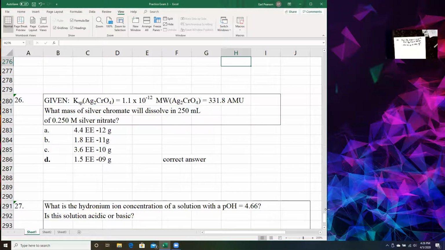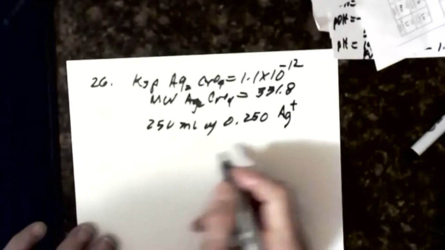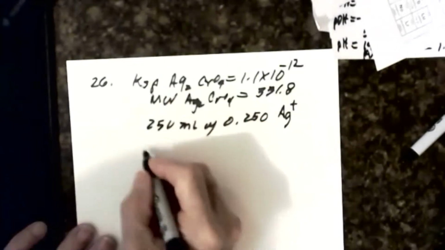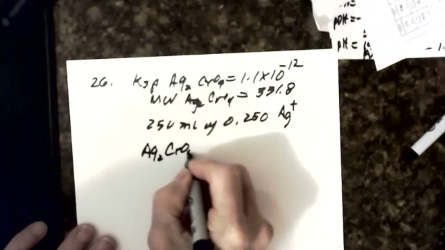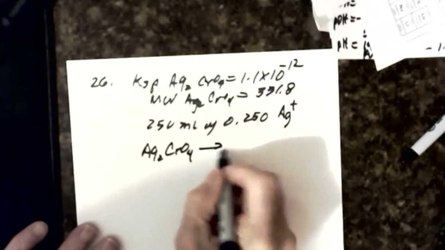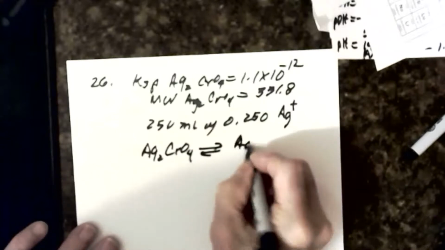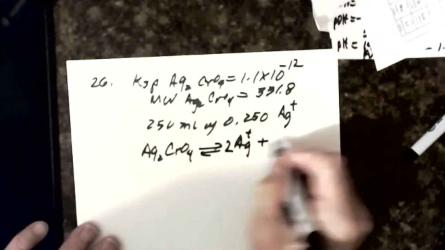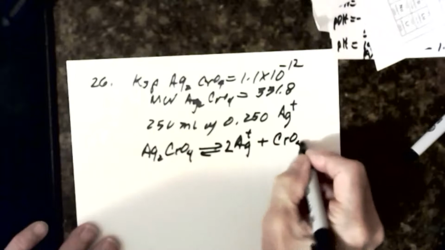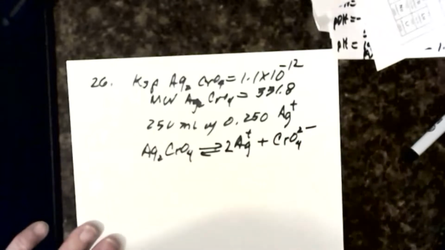Okay, now, so let's look at my screen. And here we go. Now, I've got silver chromate. Ag2CrO4 dissociates to Ag plus, and there'll be 2 of them, plus CrO4 2 minus.